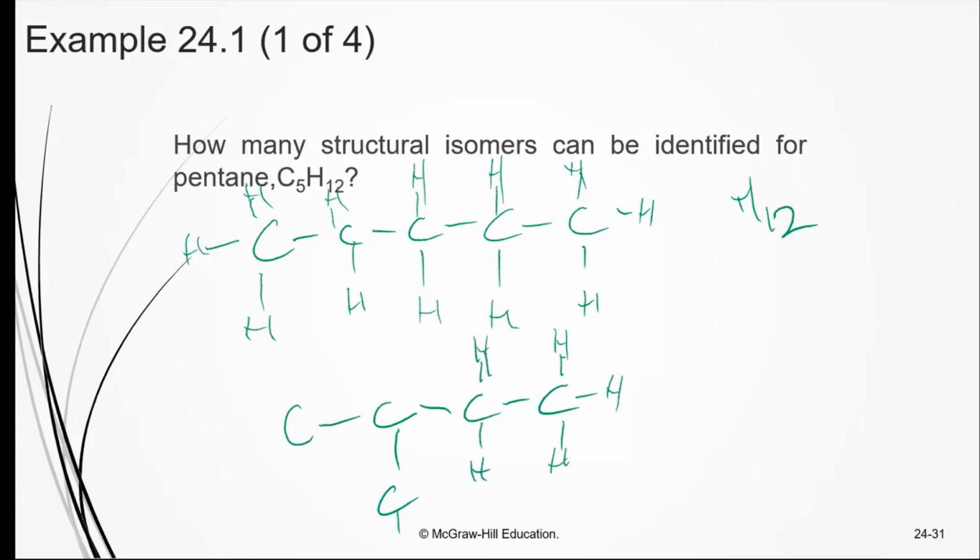Now the difference here is that while we did make this carbon connect to 3 carbons instead of 2, it allows this one to become an edge carbon, and that's where our extra hydrogen goes. So we still have 12. So that's one option. We can do another one.